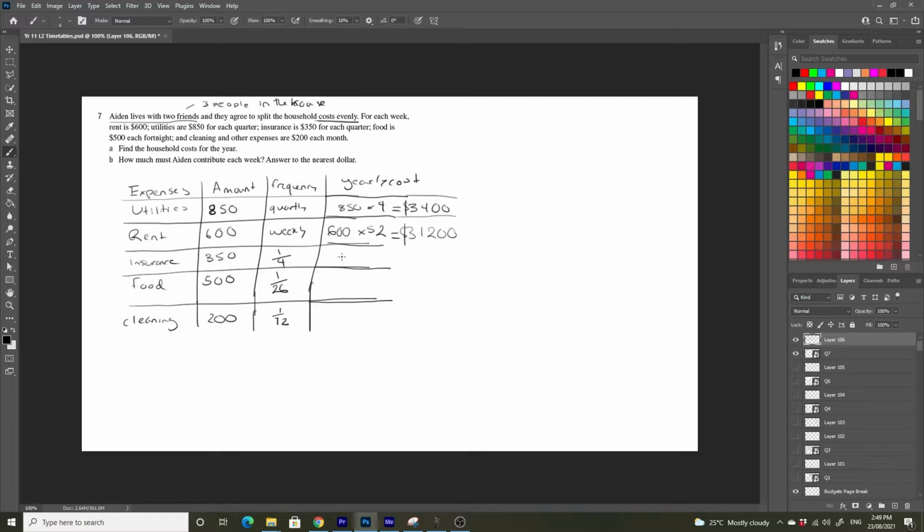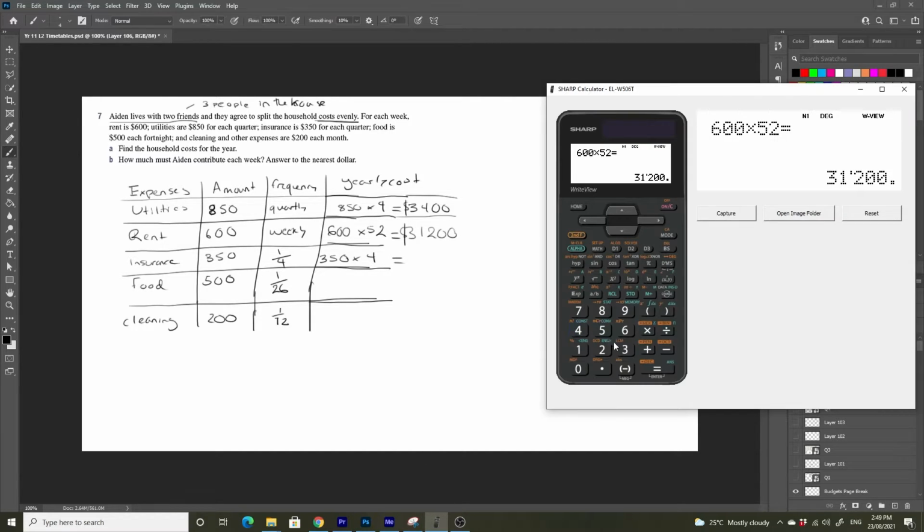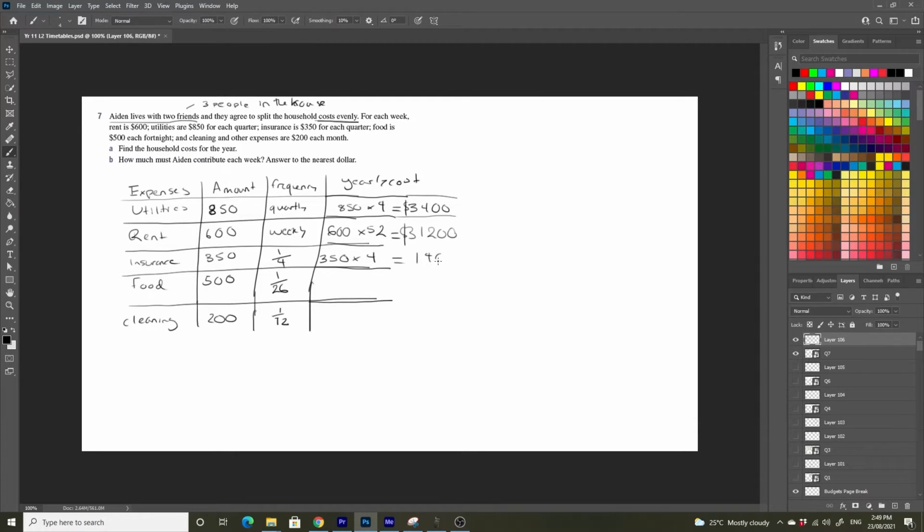Okay, what about the next one? We have insurance, which is quarterly again, so in order to get the annual insurance we have to multiply this by 4, $1,400.